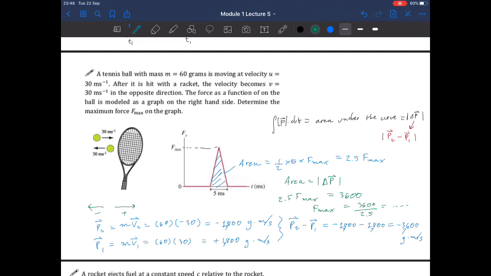Okay, and the unit has to be in newtons, so you need to be careful because you need to change the unit properly. In this question, the mass is given in grams, the velocity is given in meters per second. So yeah, you need to be careful.